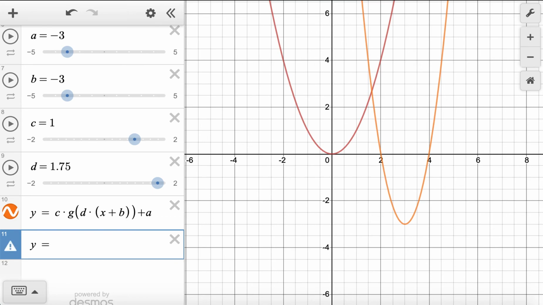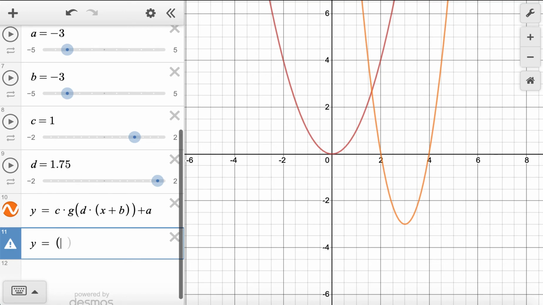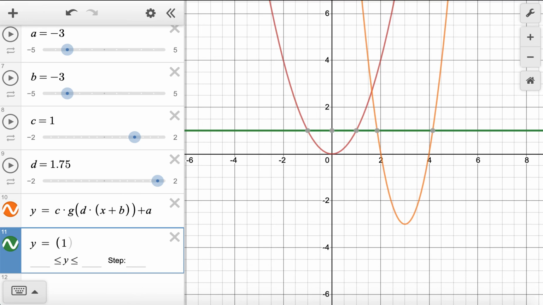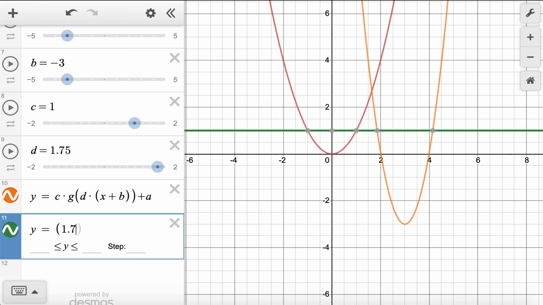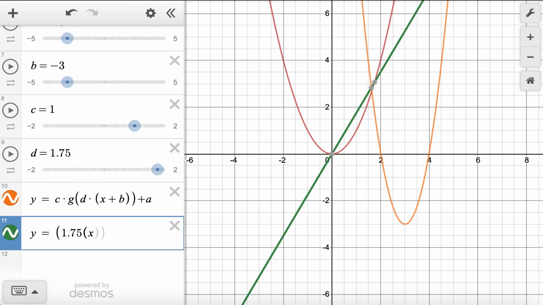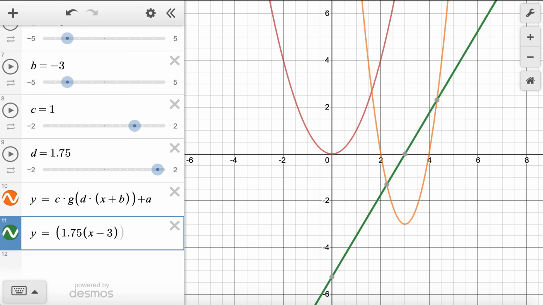Y equals, let's see, C was 1, so I won't write that. And then I had D is 1.75. I can write that as 7/4, but that's okay. 1.75 times x plus, let's see, b is -3, so I'll just write x minus 3.